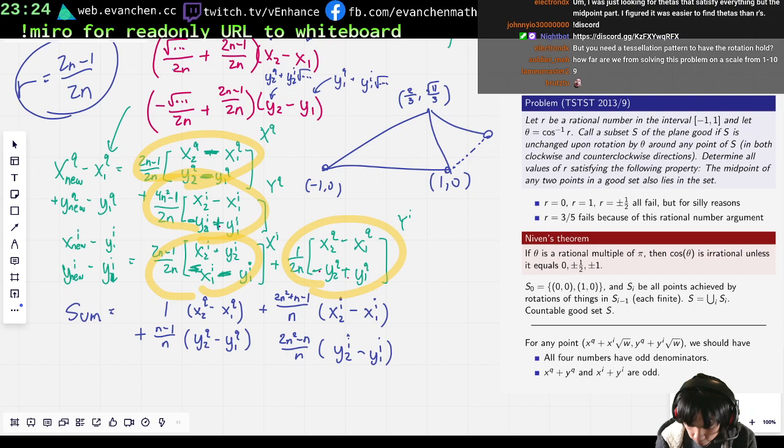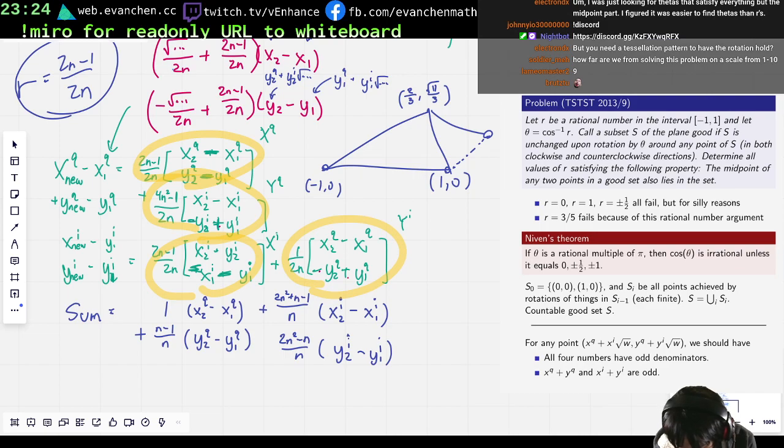Okay, is my claim good enough? So if I add the rational parts, x1q and x2q subtract.